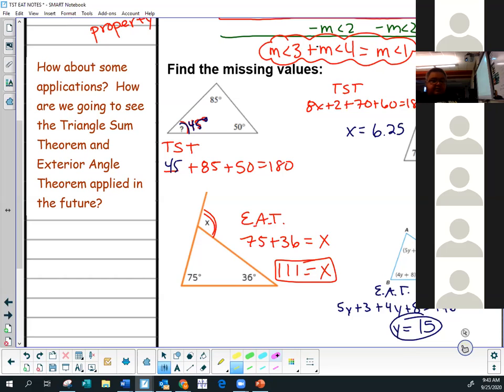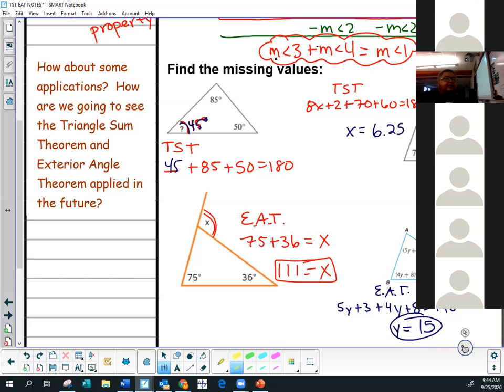Okay. So can you do me a favor? First, if there's any questions, what can I do to help you understand this better? What questions do you guys have? Did you just add 75 and 36 to get x? Correct.